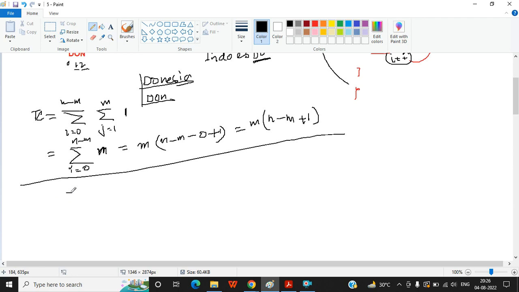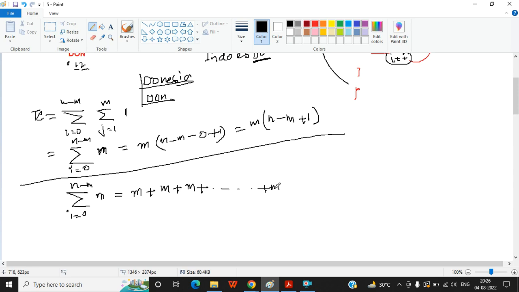Now see, I can write the same thing in this way: i is equal to 0 to n minus m of m. What does it mean? It means you have to sum m, still up to n minus m.